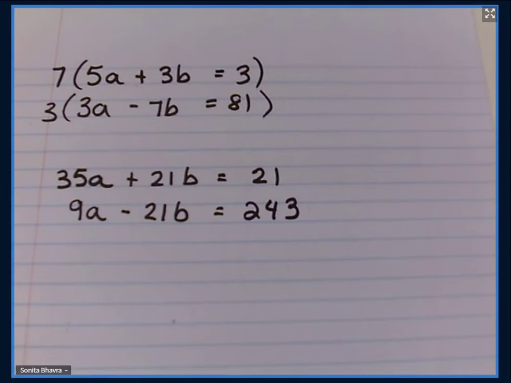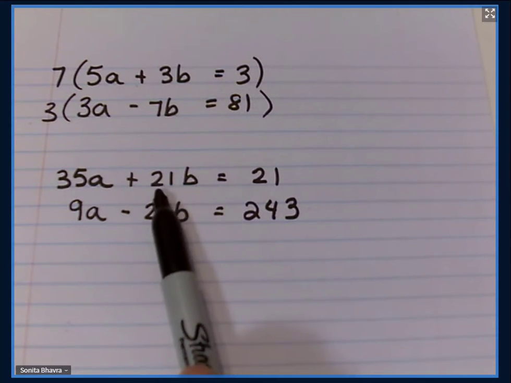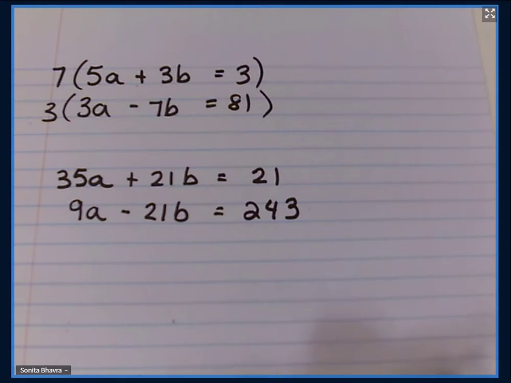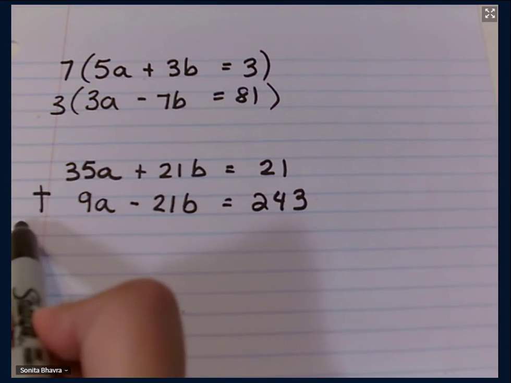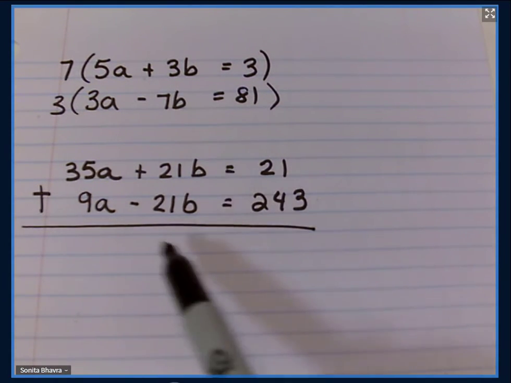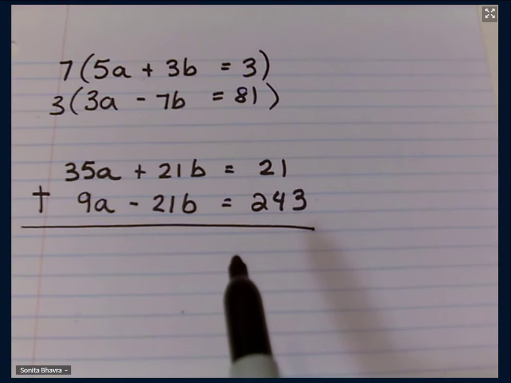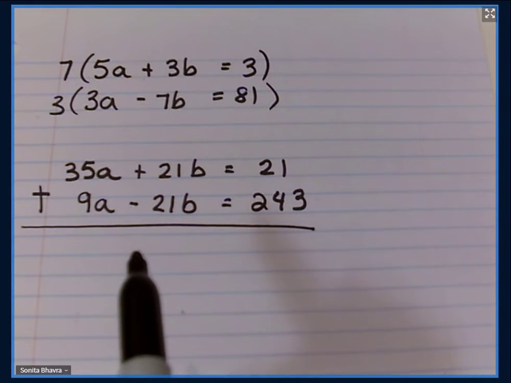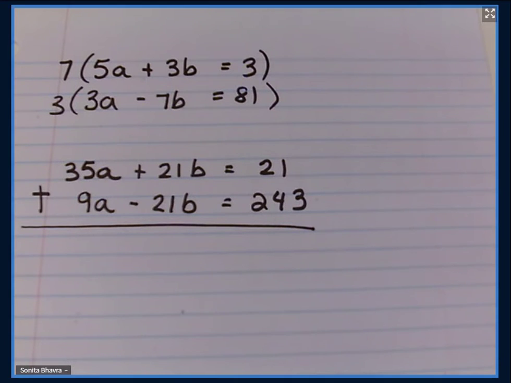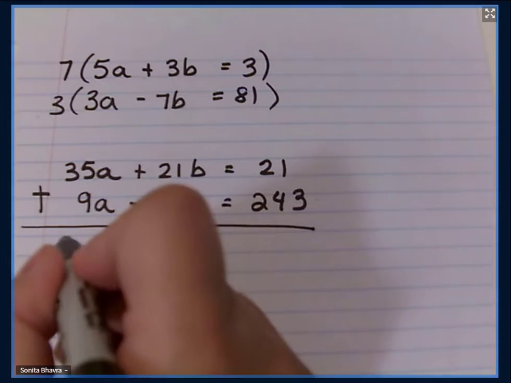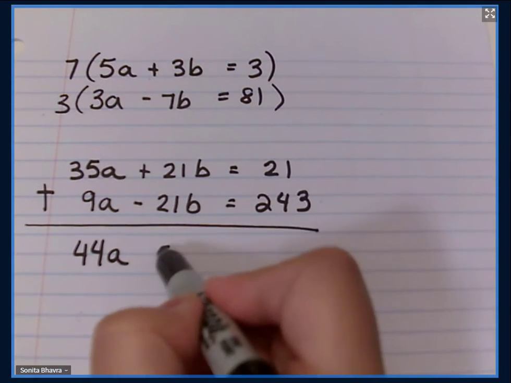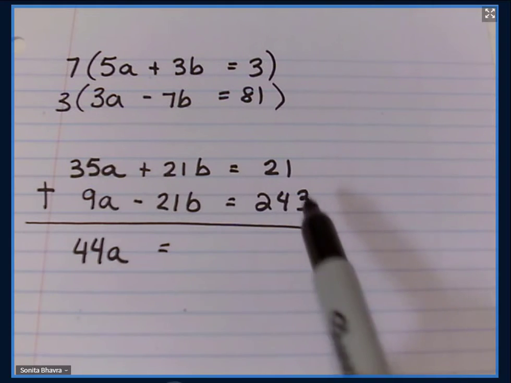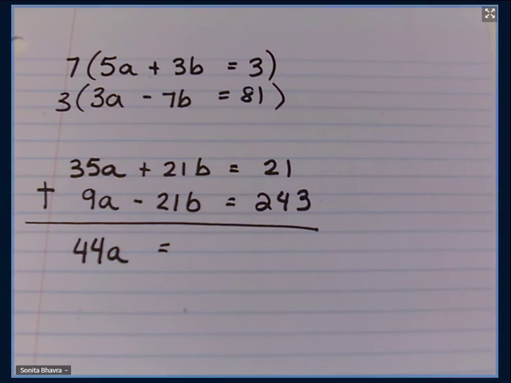All right, so now we have 21b and -21b, so we would add the two equations to eliminate the variable b. 35 plus 9 is 44, b becomes 0, and then 21 plus 243 is 264.